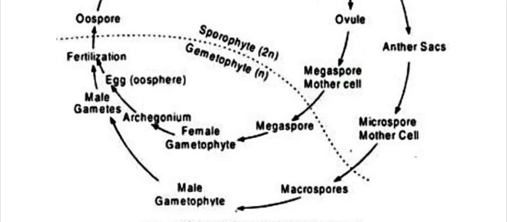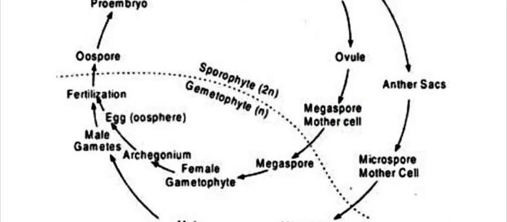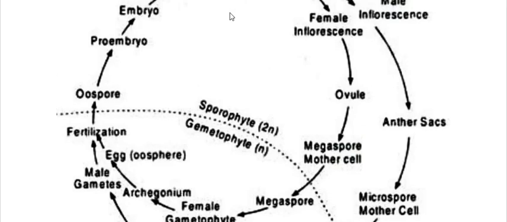or zygote, cleavage polyembryony occurs, meaning that this zygote divides to produce about 8 nuclei, and all these 8 nuclei form the proembryos after forming a wall around themselves. All these proembryos start to develop, but only one proembryo reaches maturity, and it is known as the embryo.